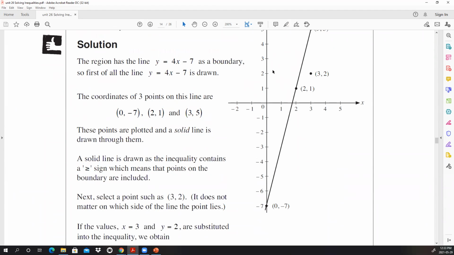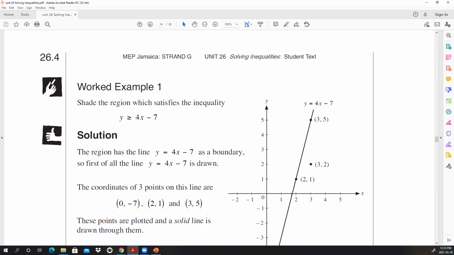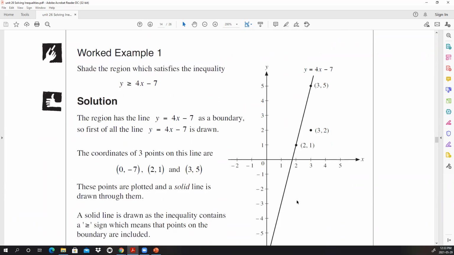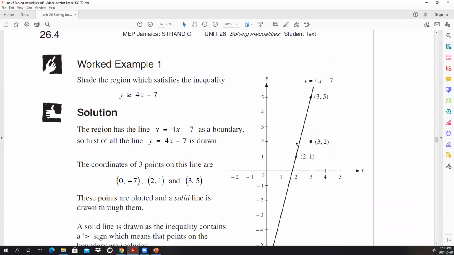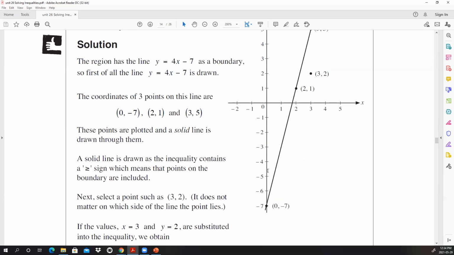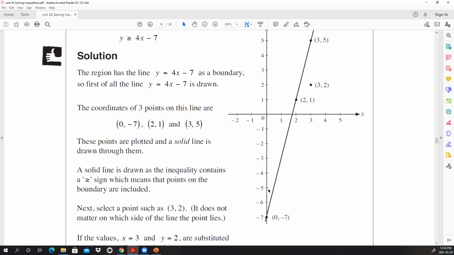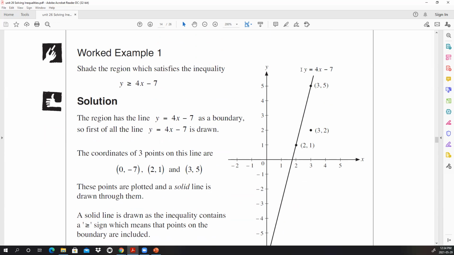So you know where it cuts the y-axis, and you can test where it cuts the x-axis. Then you're good to go. Once I know where it cuts the y and the x, I just draw a straight line through it. So here, if x is equal to 0, we know that y is equal to minus 7.